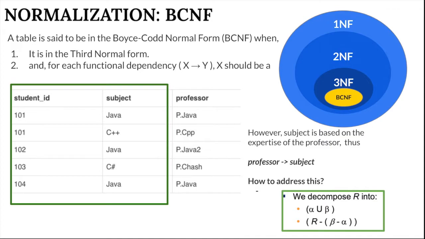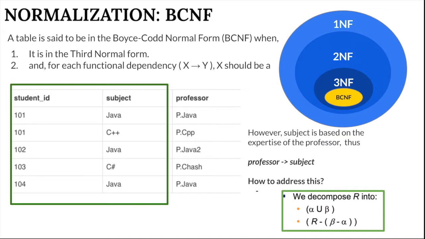In Boyce-Codd normal form, it is required that that table is in the third normal form, and for each functional dependency na parang x to y or y functional dependent on x should be a super key. May missing part lang dyan. Pero dapat super key ang si x. So for example, we have this table.